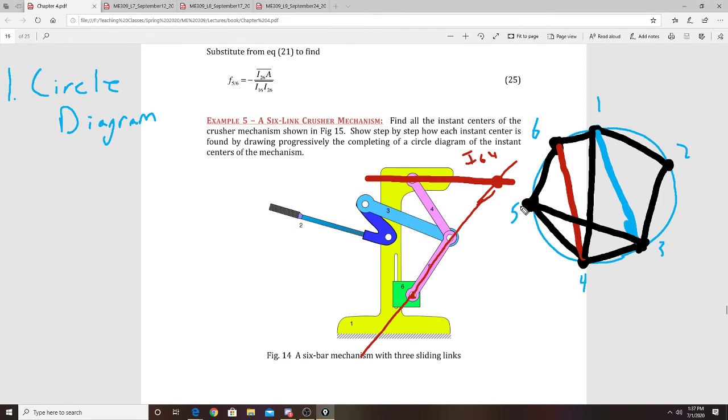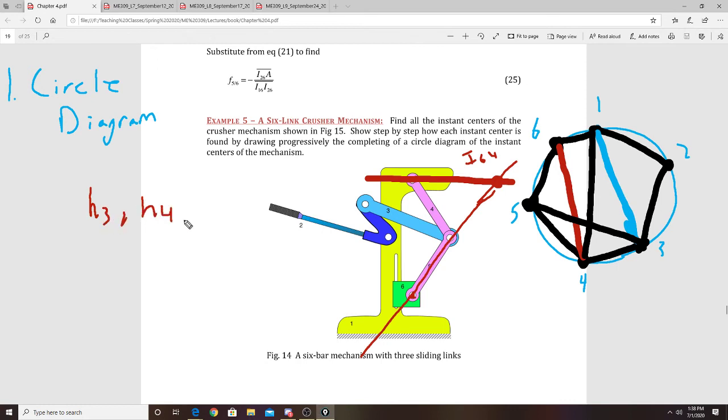Now, you guys are probably all wondering, how many of these do we have to do? So, the good news is you don't have to do all of them. The question generally asks you for something like this: using the instant center method, find the kinematic coefficients for link 3 and link 4, which would be H3 and H4, right?